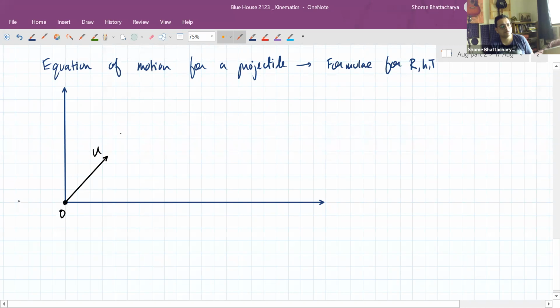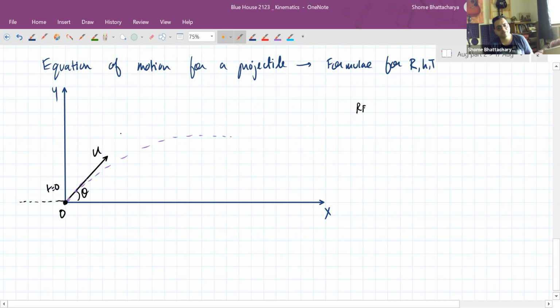So from the ground level, wherever we have projected, that point is taken as the origin. The x-axis is the horizontal axis, and the y-axis becomes the vertical axis. And the other thing is we start our clock, that is t equal to 0 for us, at the time of projection.